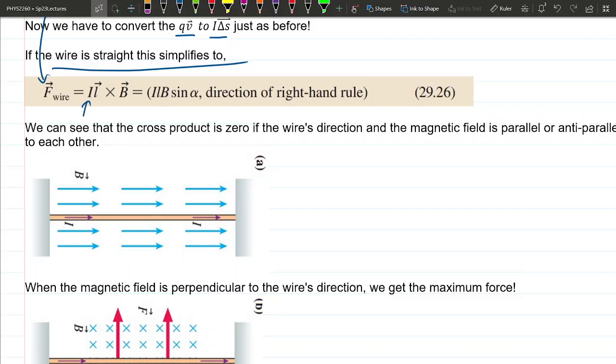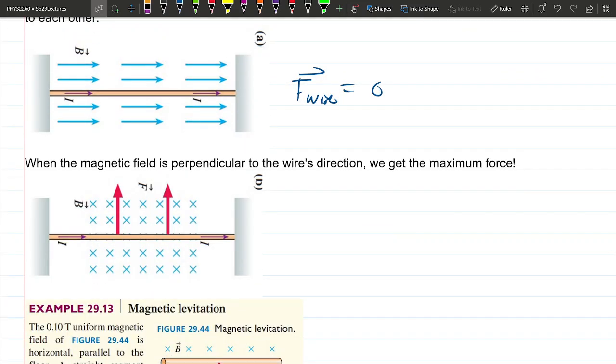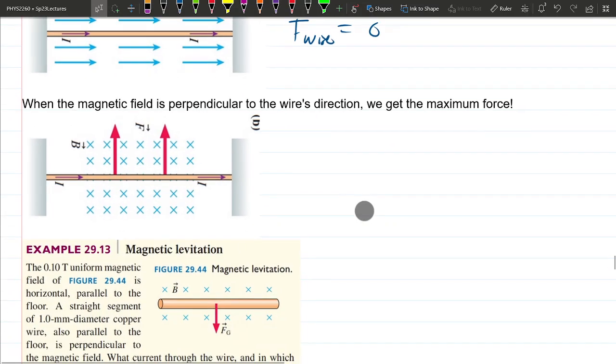If L and B are in the same direction, what should be the magnetic force? Zero. So the force on the wire in this case is actually zero. It's easier to see if we can have, once again, I think the book gave you the answer, unfortunately.